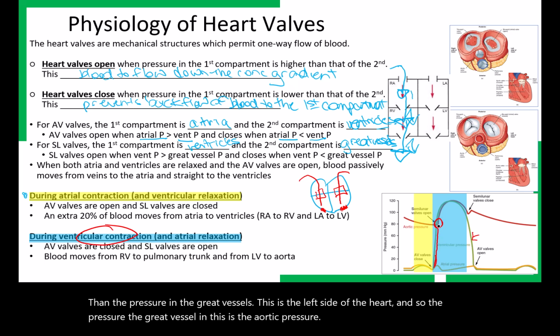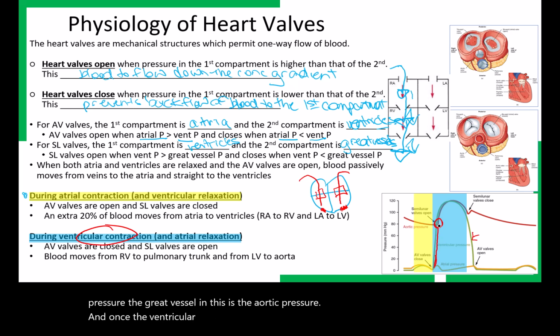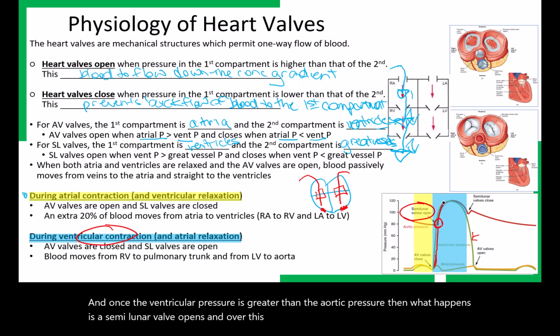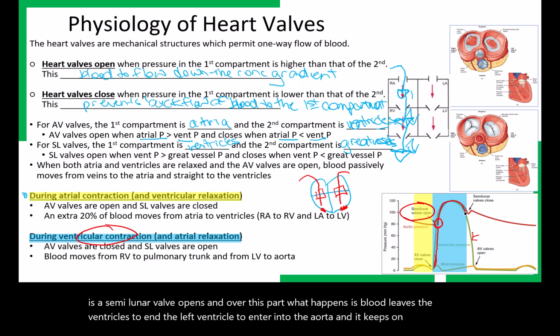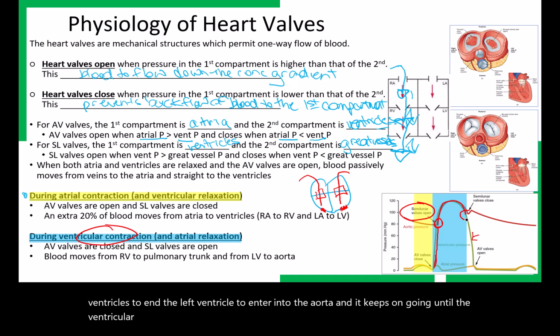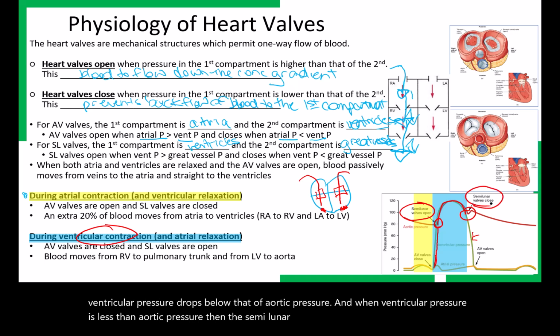Once the ventricular pressure is greater than the aortic pressure, the semilunar valve opens. And over this part, blood leaves the left ventricle to enter into the aorta. And it keeps on going until the ventricular pressure drops below that of aortic pressure. And when ventricular pressure is less than aortic pressure, then the semilunar valve closes, right?